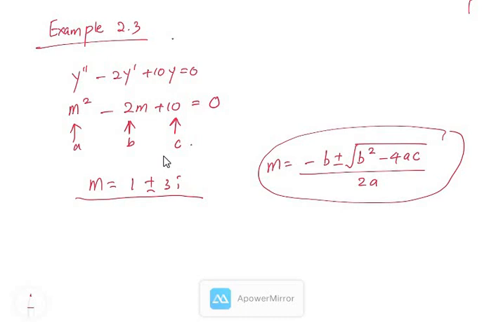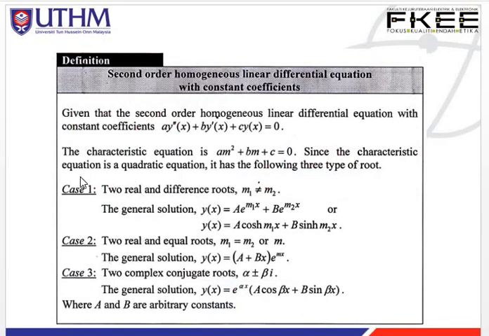From this m value, we know what the general solution is. You can always refer to this table. Which case? Just now we have the complex number, so we can have this equation.